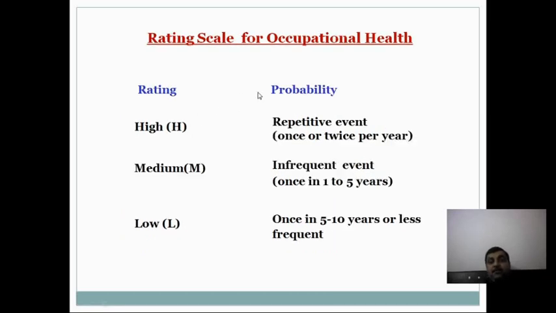When I say probability of occupational health, if it is a repetitive event, that happens every year multiple times, then I call it a very high rating. If it happens infrequently, once in some years, then it is medium. And it is very low if it happens once in a decade or so.